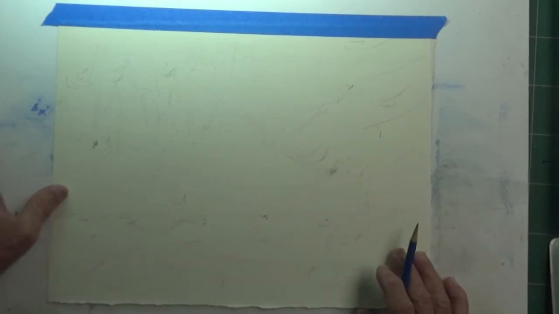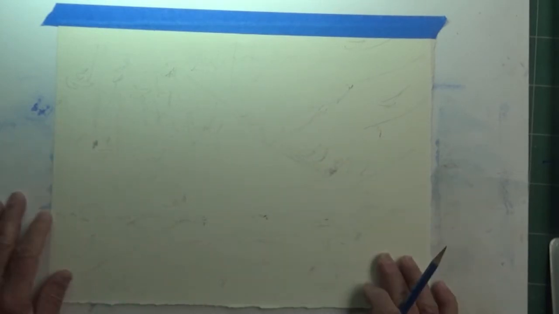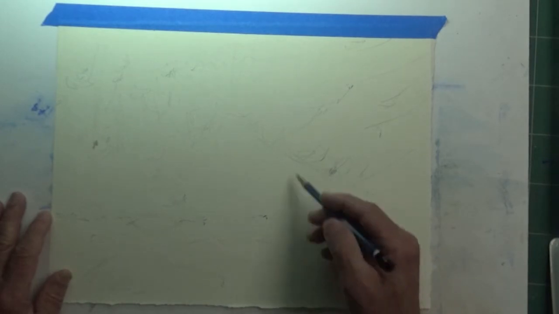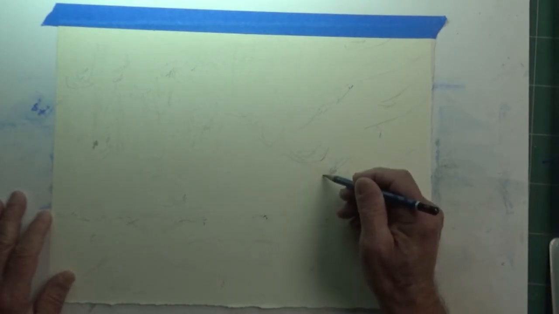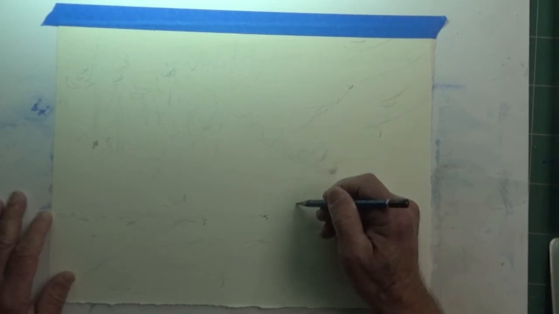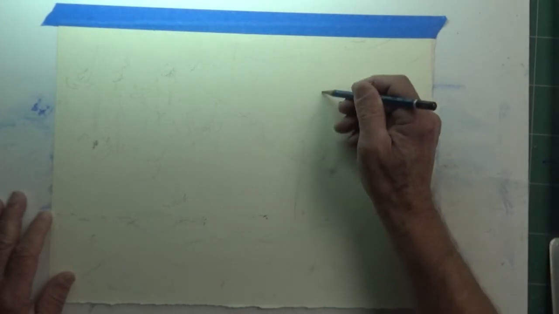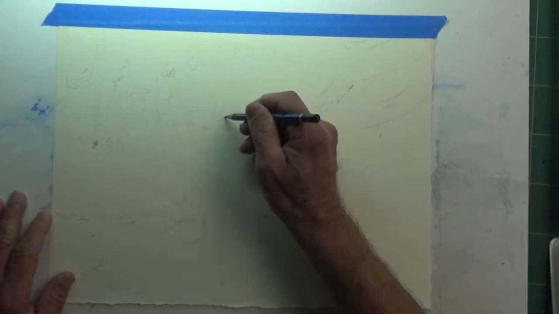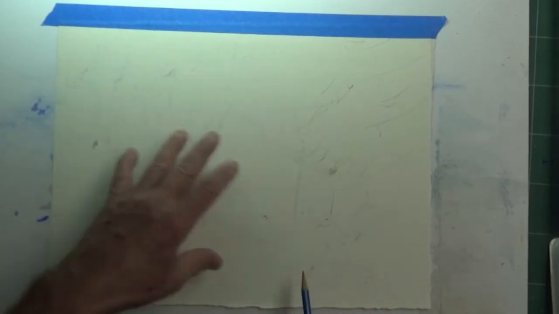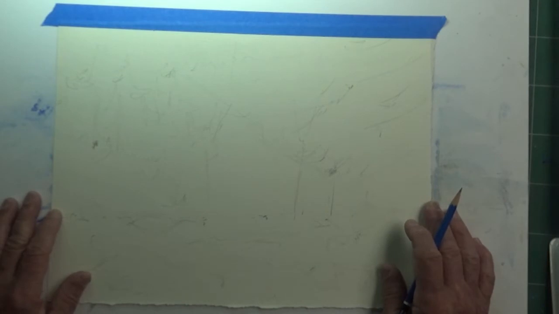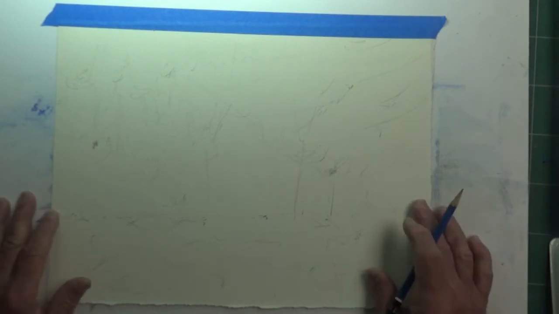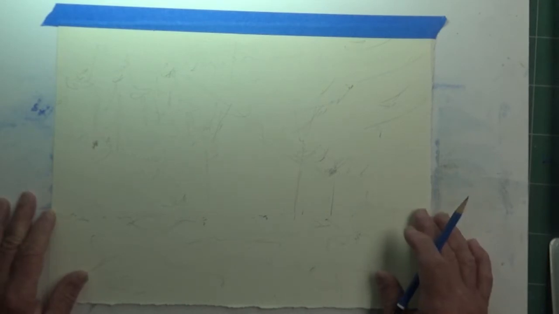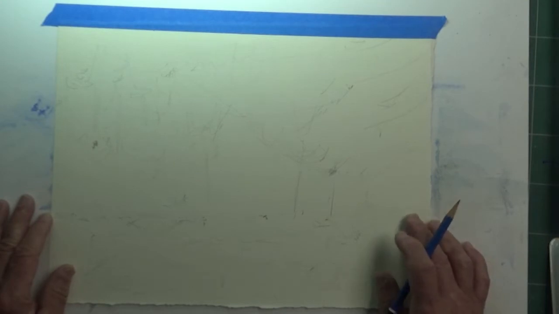So I'm just sort of lightly pencil lining this in so I can get a feel for what I'm doing. And off the bank, we're going to have a few trees. These are all pine, and then there's some deciduous trees that are lacking leaves. So it's the winter time. It's the fall or winter, late fall or winter. But let's give it a shot and see where we go.